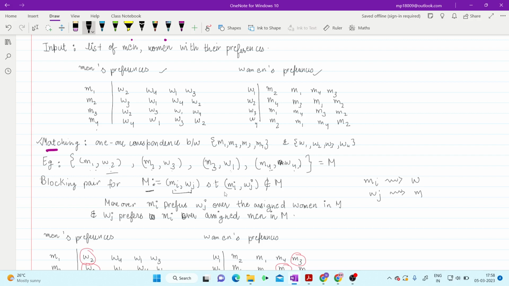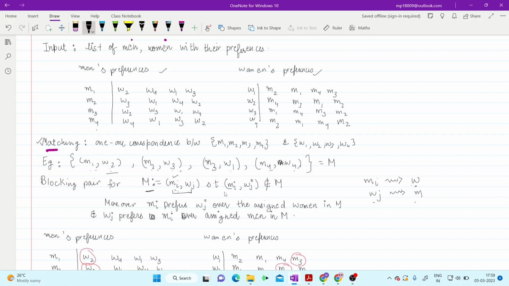Now this will be a blocking pair for M if and only if mi prefers wj over w, and wj prefers mi over m. What do we mean by that? Mi prefers wj over w means that if we look at the list of preferences of mi, then wj has a better preference.